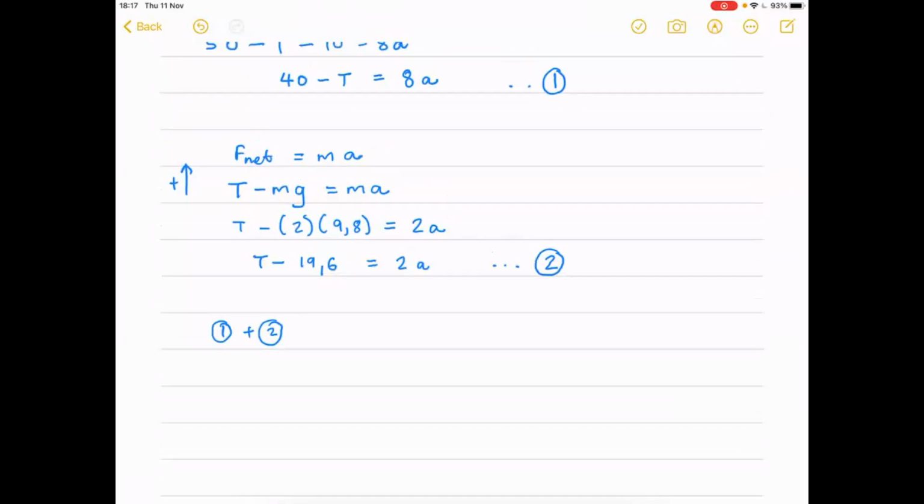If you do that, you will get 40 minus 19.6 is equal to 10a.